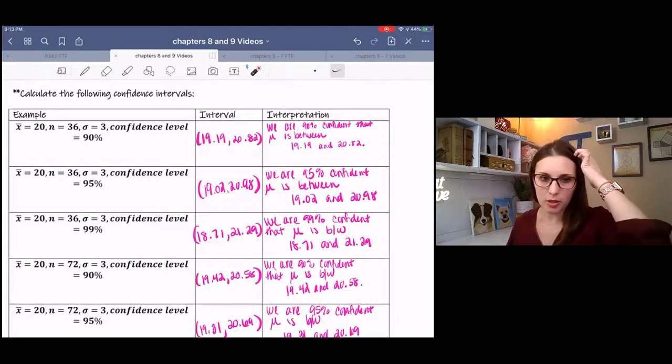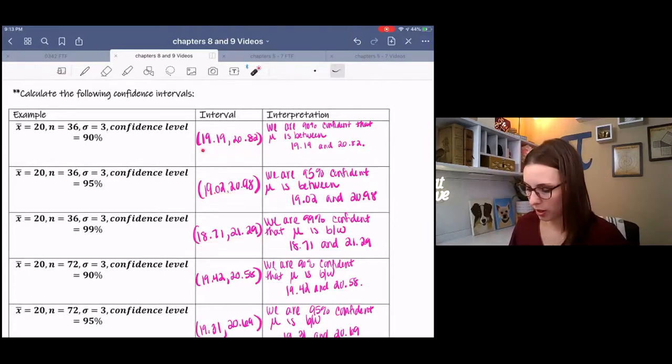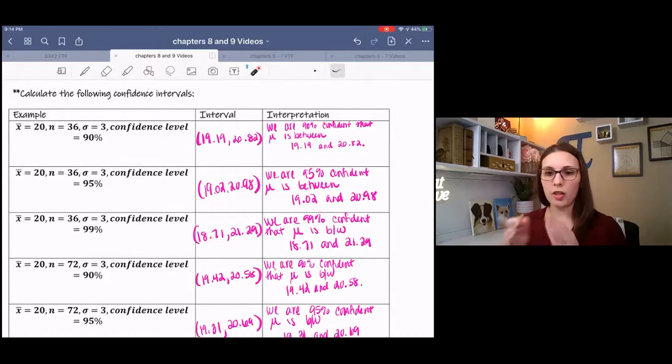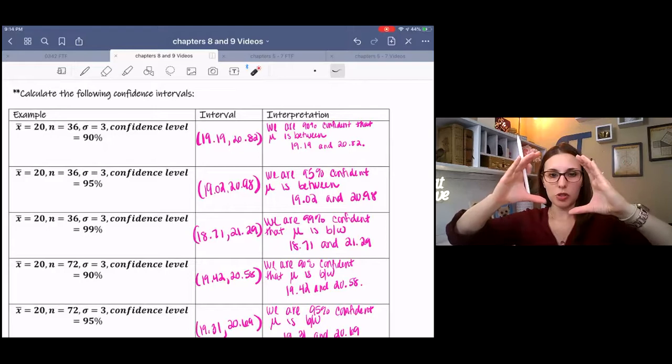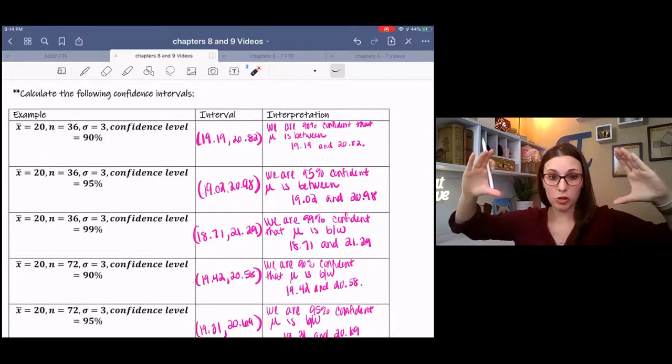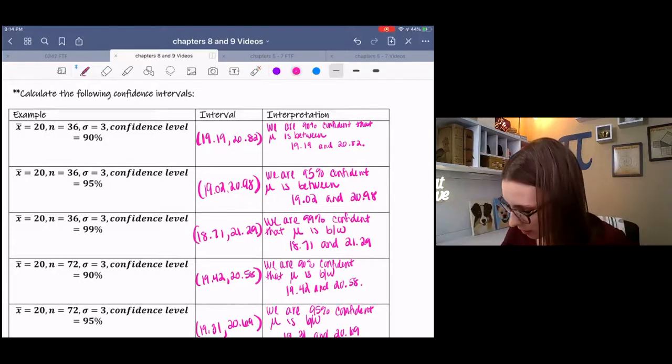What do you notice? So we started at 19.19, then it was 19.02, then it was 18.71. If we're thinking about a number line, it's kind of like spreading out. I'll show you the number line if you can't picture it.